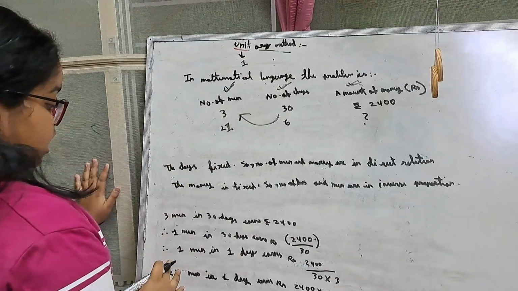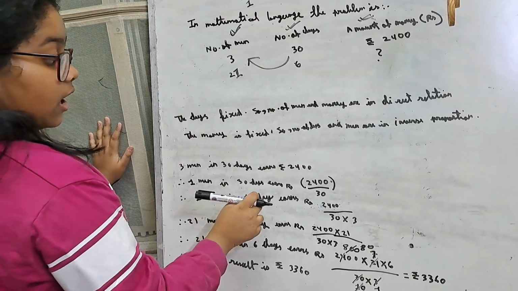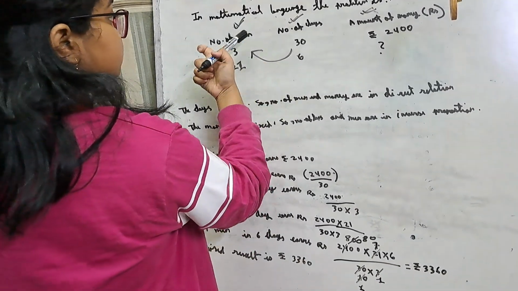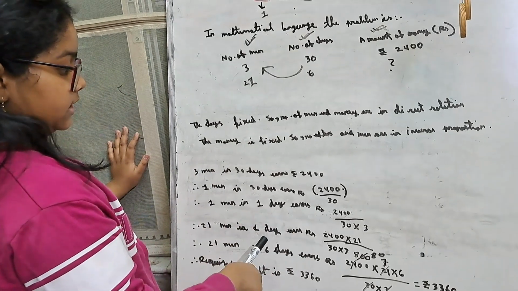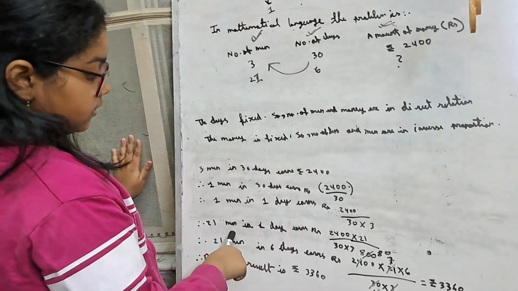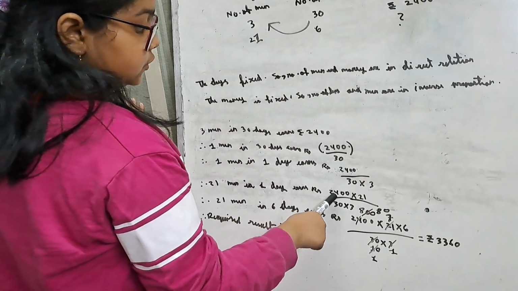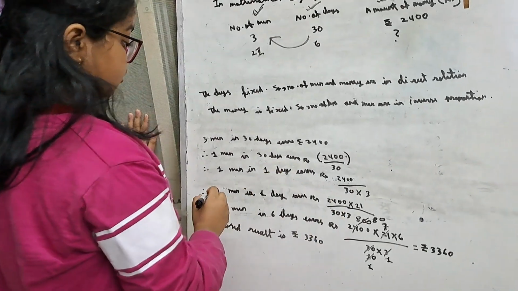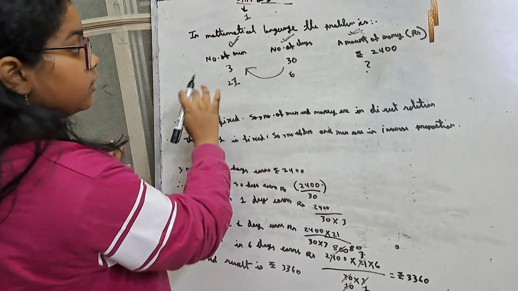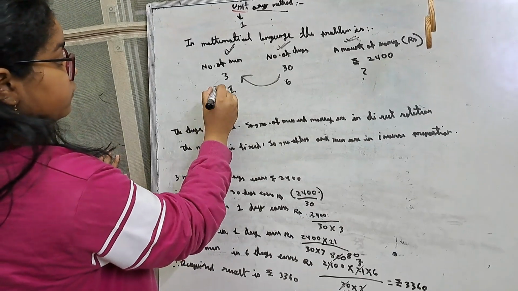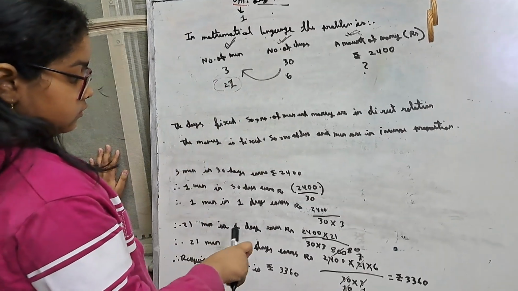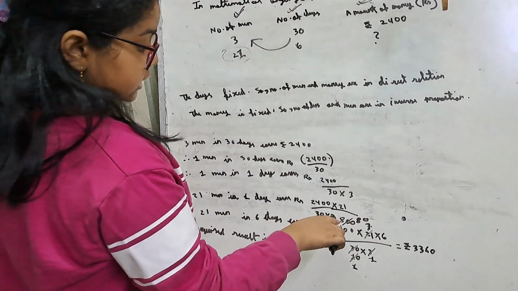We have to find 1 man in 1 day, so this 30 days. So 21 men in 1 day earn rupees 2,400 into 21, because we want 21 men.